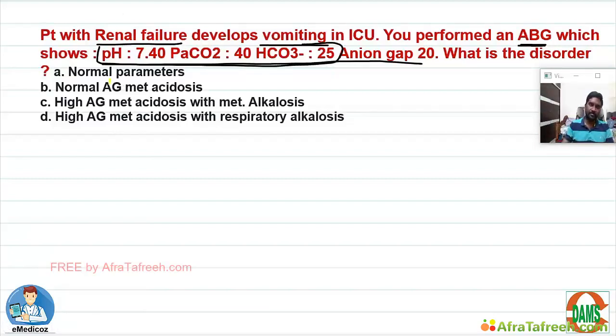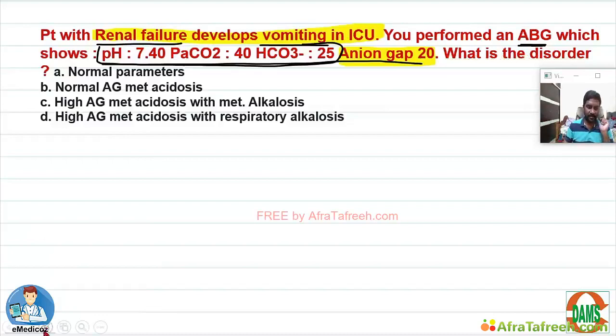But very, very important in this question, there is a relevant clinical history and also an abnormally high anion gap. Whenever there is a high anion gap with relevant clinical history and the patient is in ICU, always take it as significant.